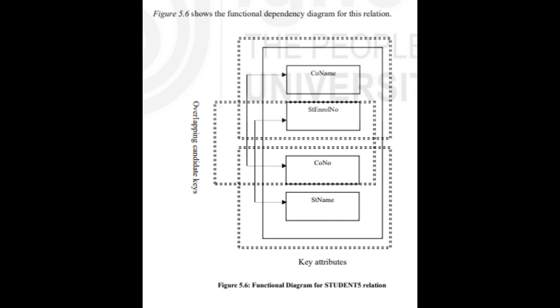Next, how will you decompose the student relation to 2NF relations? You may use FDs of 1, 2, and 3 to do so. FD 1 can be used to create a 2NF relation consisting of these three attributes from the student relation. This new relation is student1 (stud_enroll_no, stud_name, stud_address).